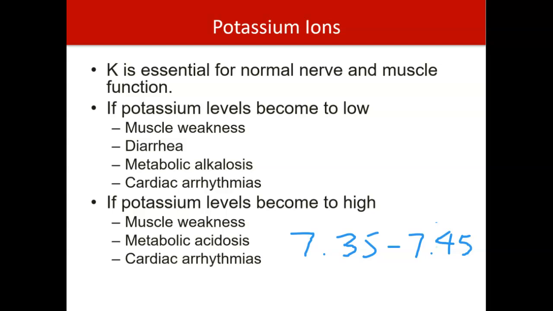If our blood goes below 7.35, then we're considered acidotic. If it's above 7.45, then we're considered alkalotic. Both have risk of cellular damage and dysfunction, so our body doesn't want us to be outside of this range for long periods of time.